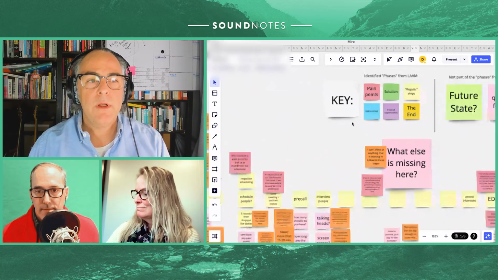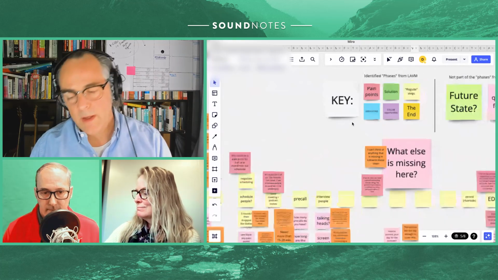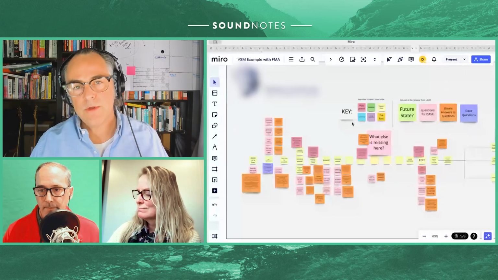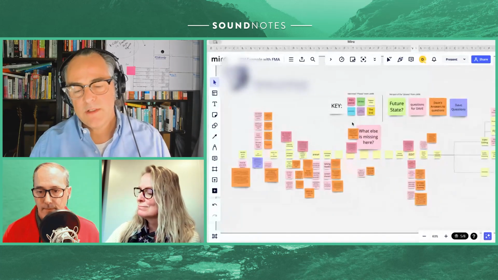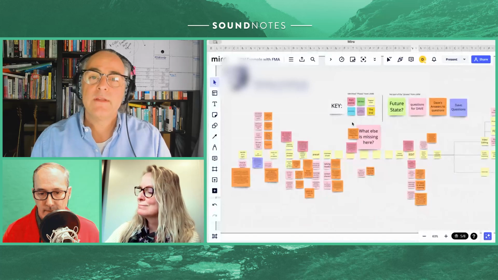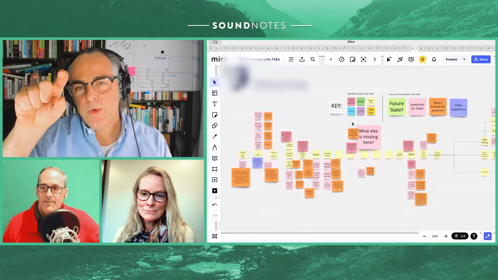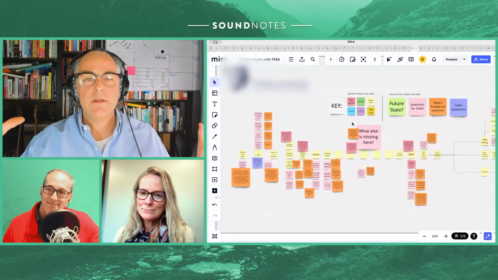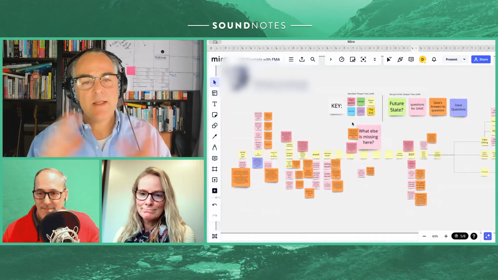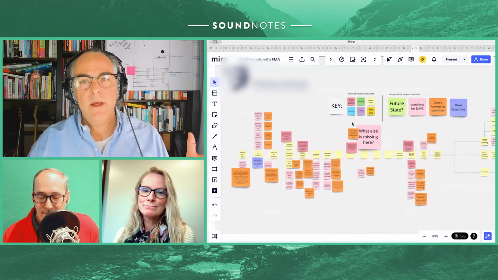So it became not just an explanation of what we thought the work should be, but a conversation and trying to understand it. And one of the things that I learned was there are a lot of places where I would have one yellow Post-it and it was actually 15 different things that I just didn't separate the work in my head.